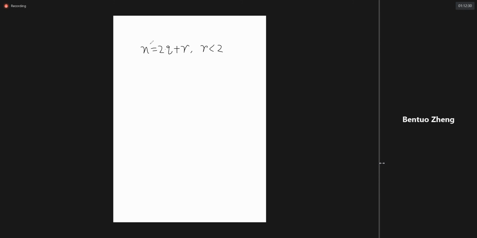Because 2 is the smaller number, the remainder r is less than the smaller number 2. Now, since r is less than 2 and r is a natural number, r has to be equal to 1.